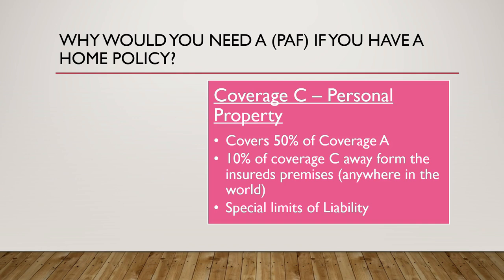But there is a stipulation to this coverage when it comes to insuring certain types of property, called special limits of liability. We'll go over some of the special limits, but if the value of the item is worth more than 50% of the replacement cost value, then you know the customer is going to need a personal articles floater.